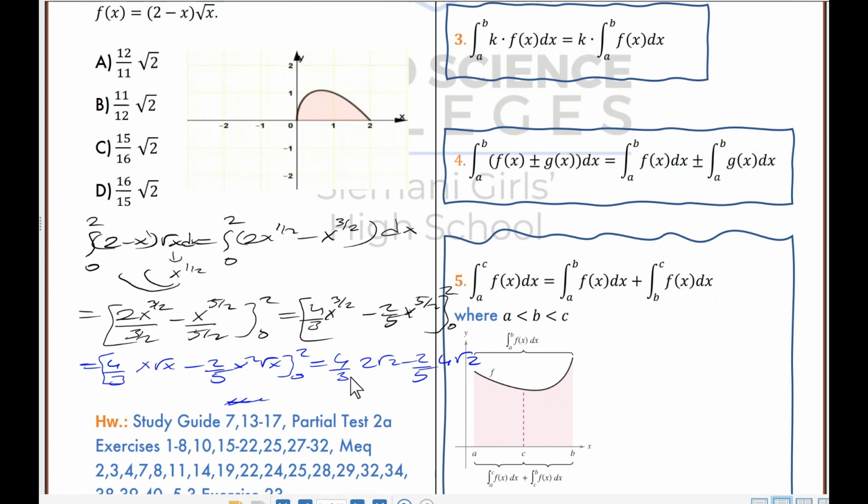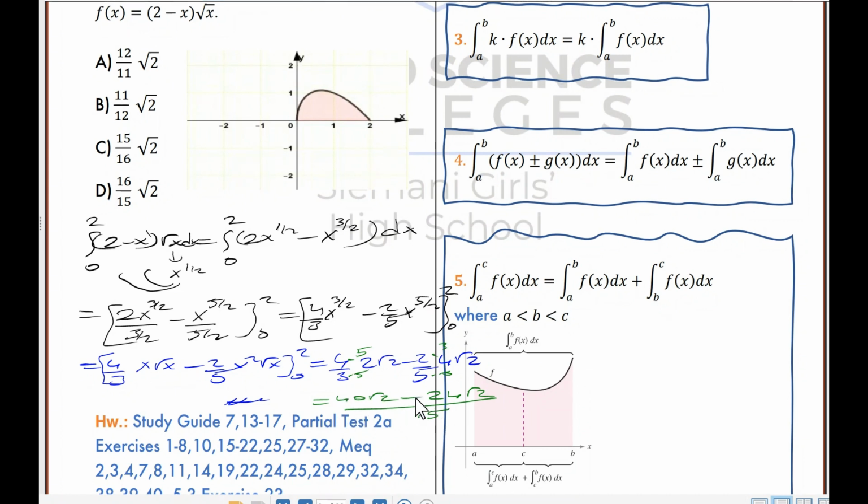Now I need to equalize denominators. Oh, it's going to take time. Multiply the first part top and bottom by 5, the second fraction top and bottom by 3. Now it's going to be 4 times 5, 20, times 2, 40, root of 2 minus the second fraction, 2 times 3, 6, 6 times 4, 24, square root of 2 over 3 times 5, 15.